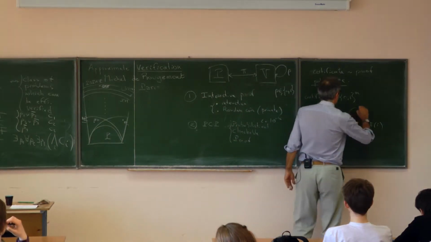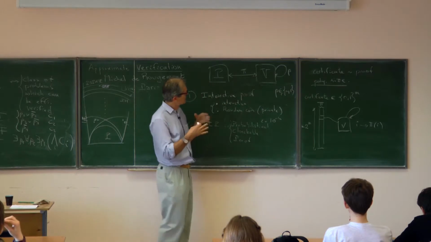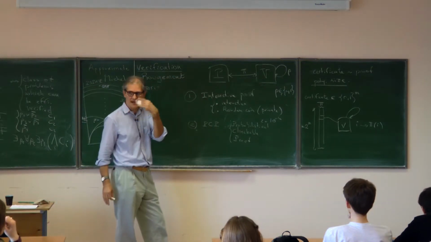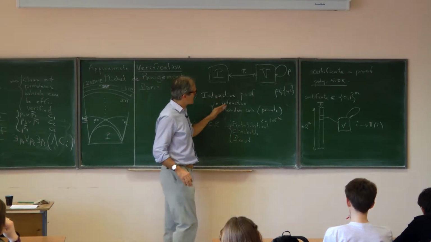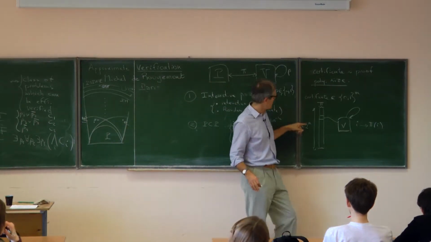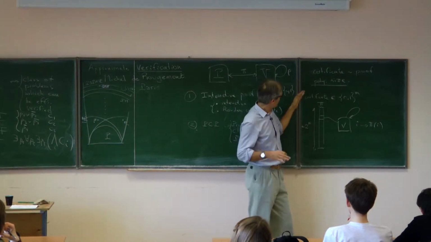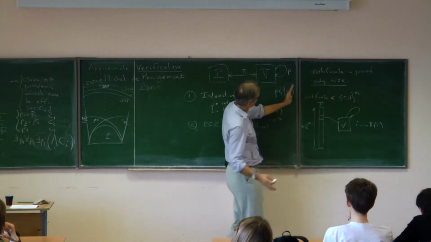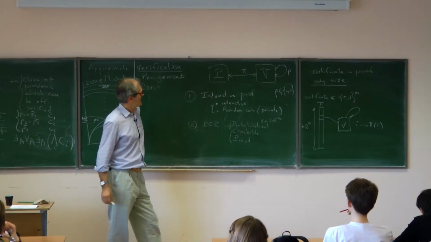I use randomness, and by checking some positions, I want to convince myself that this proof is correct with high probability. So I remove the interaction, but for the moment I tolerate exponentially long proofs. Eventually we'll see that you can think also of polynomial size proofs, but it's somehow harder.